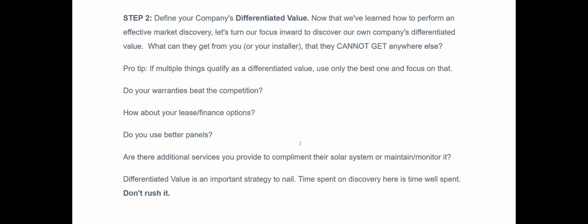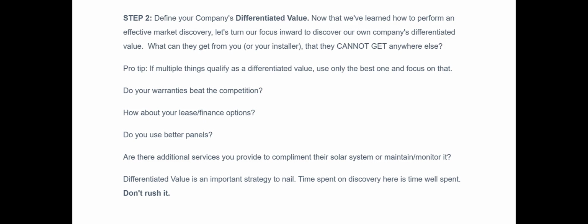The second part of discovering your pocket angle is really, if you haven't done this already, you have to define your company's differentiated value. Now, what is a differentiated value? Well, it's something that someone gets with you that they can't get with anyone else. That's the best way to think about it, okay? Anything can be a differentiated value, but you want to go for the biggest ones first, ultimately, because those are going to be bigger fulcrum and lever types of motivations, right?